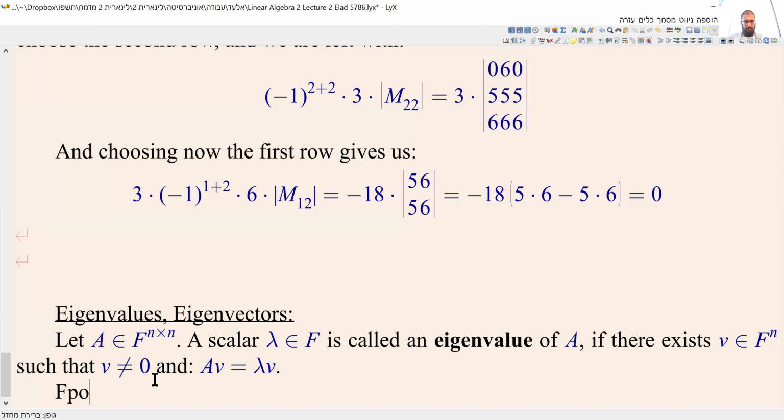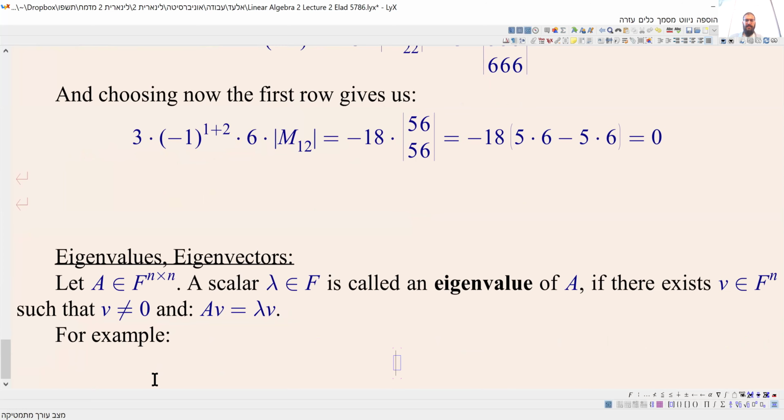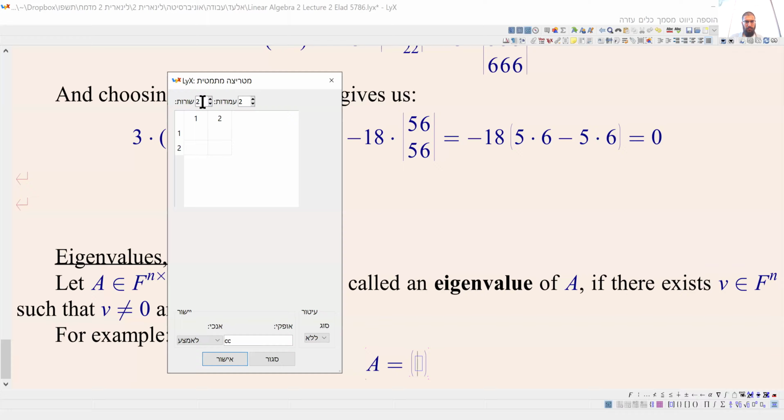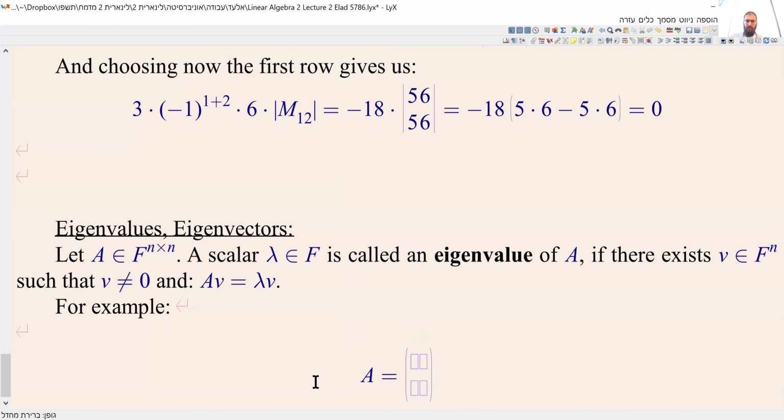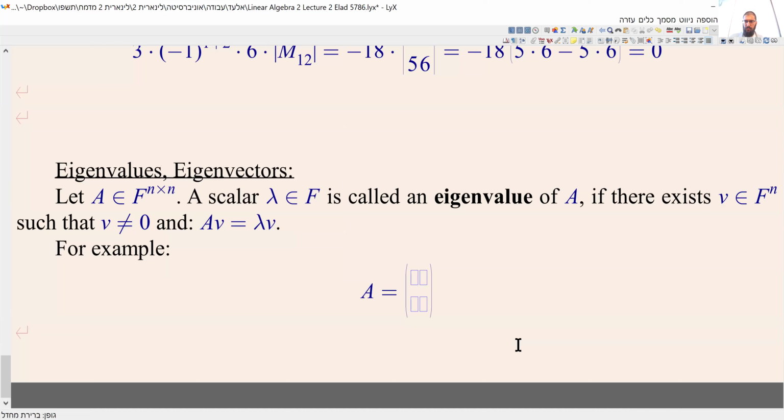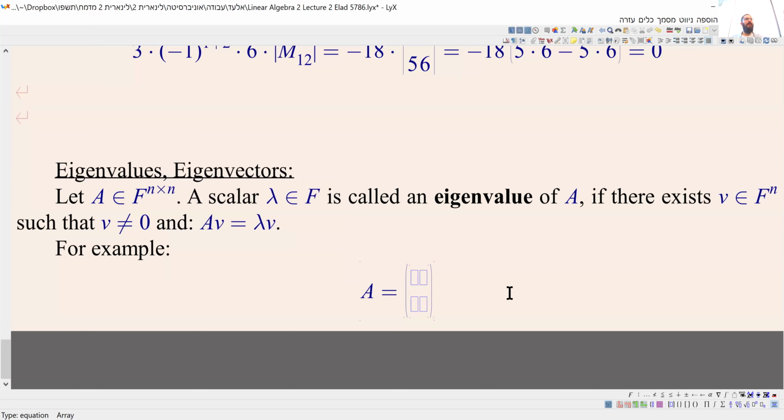For a simple example, let's say we have a 2 by 2 matrix. Numbers you like?